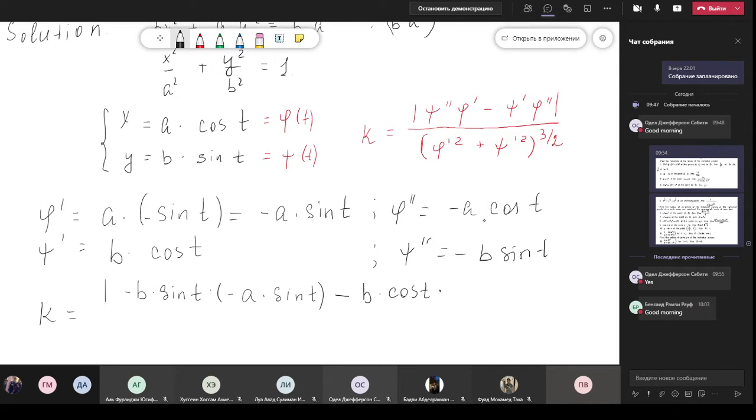Phi double prime is minus a cosine of t. Close our modulus.